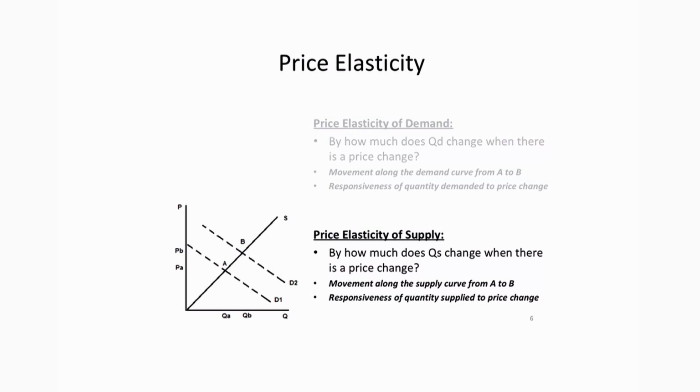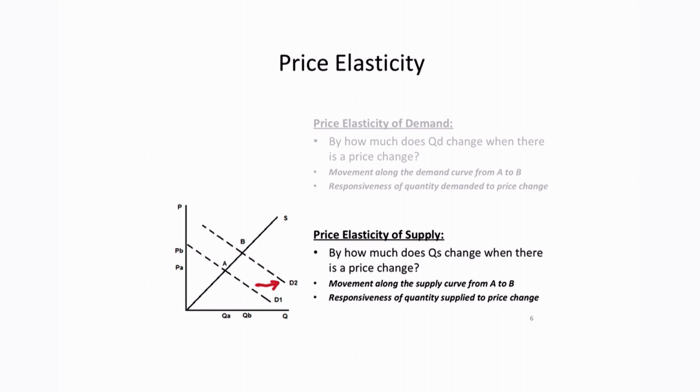Next, when we think about the price elasticity of supply, again, here we want to calculate the movement along the supply curve, the change in the quantity supplied over the change in the price. So in this example, we see that we have moved from D1, demand 1, to D2, demand 2.